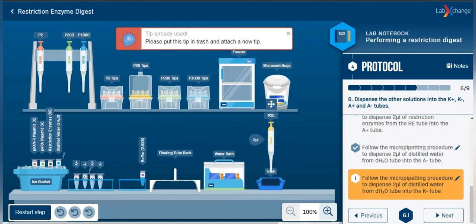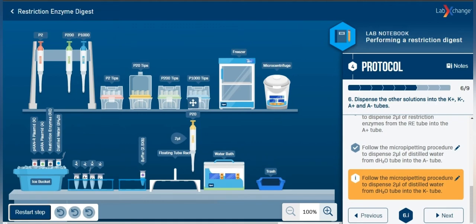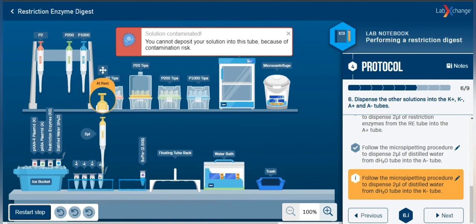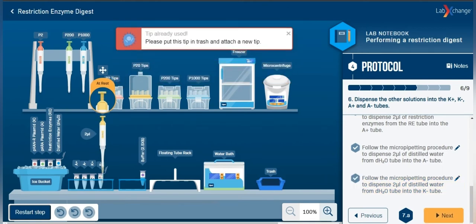Then follow the micropipetting procedure to dispense 2 microliter of distilled water from the H2O tube into the K minus tube. Then eject the tip.